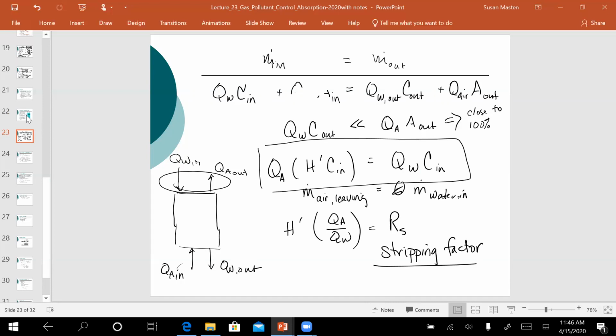We can use the Henry's constant, and what we can determine then is what we refer to as a stripping factor, that is a function of the chemical that we're removing and the flow rates in the air and water stream. So we have a property of the contaminant, and we have a design parameter.